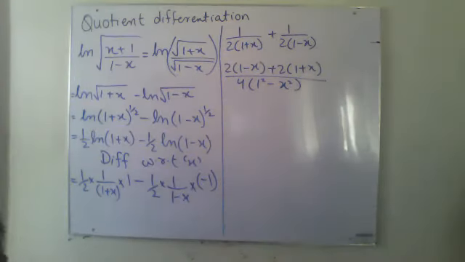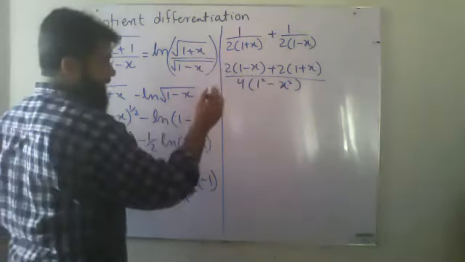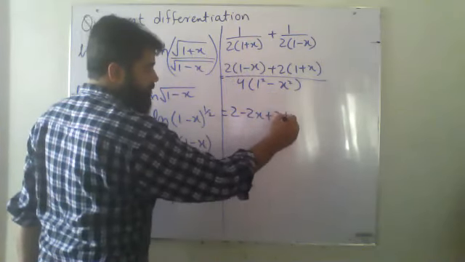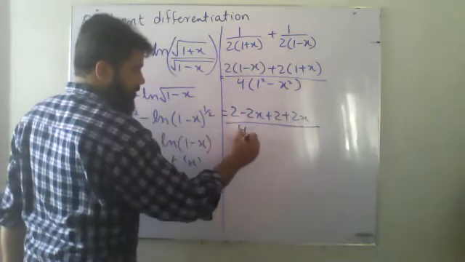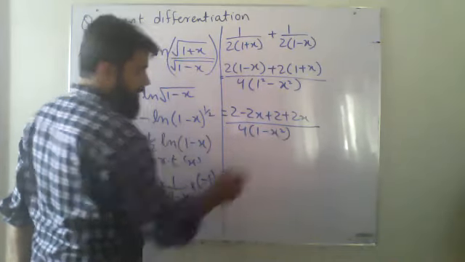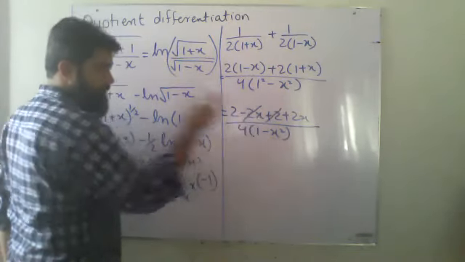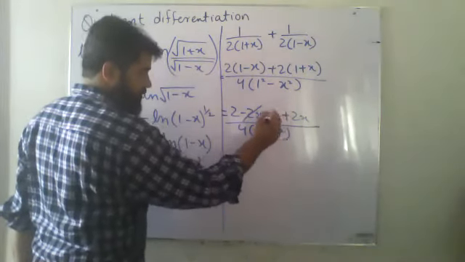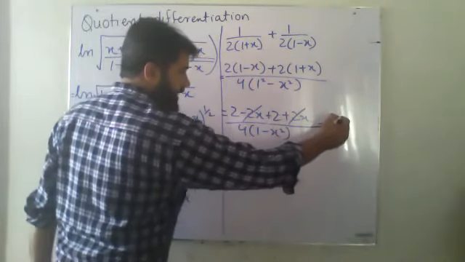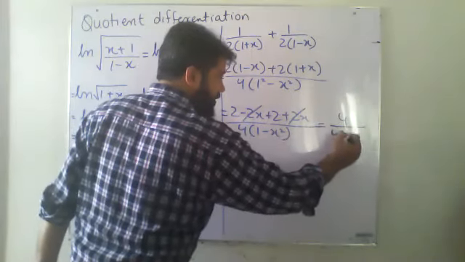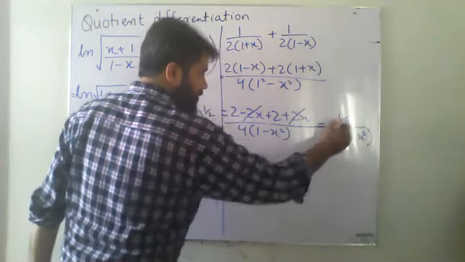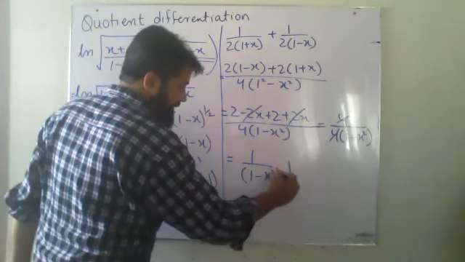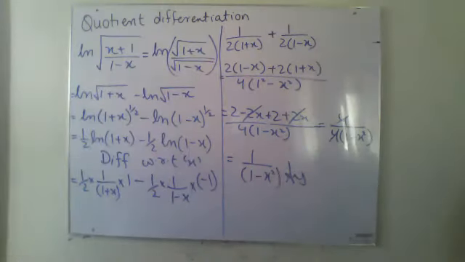Rule of (a plus b)(a minus b). Expanding my brackets, 2 minus 2x plus 2 plus 2x over 4(1 minus x square). Minus 2x plus 2x will be cancelled. Sorry, not over here. Cancelled. I will have 4 over 4(1 minus x square). 4 and 4 will be cancelled. My final answer will be 1 over (1 minus x square).